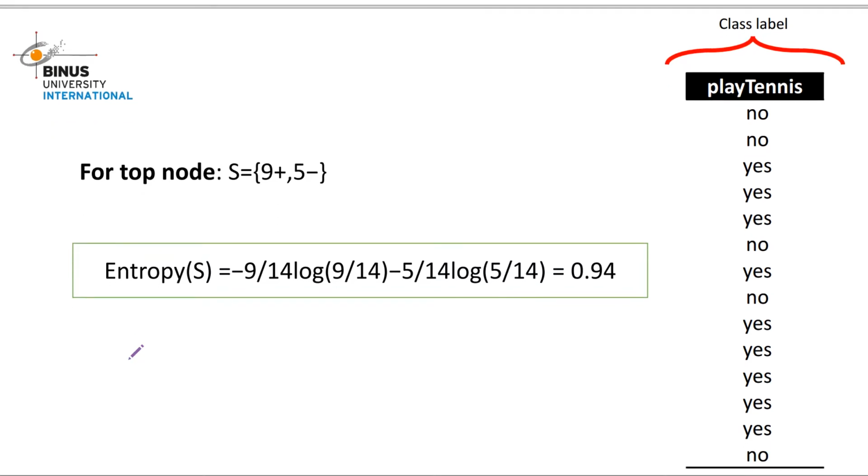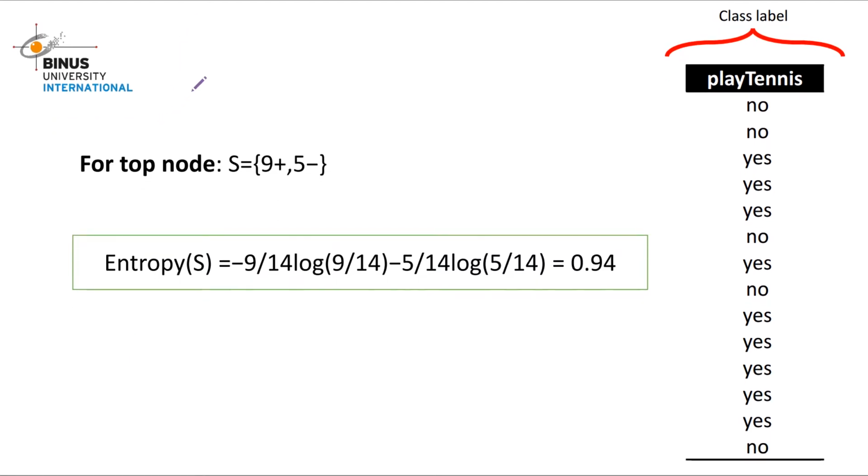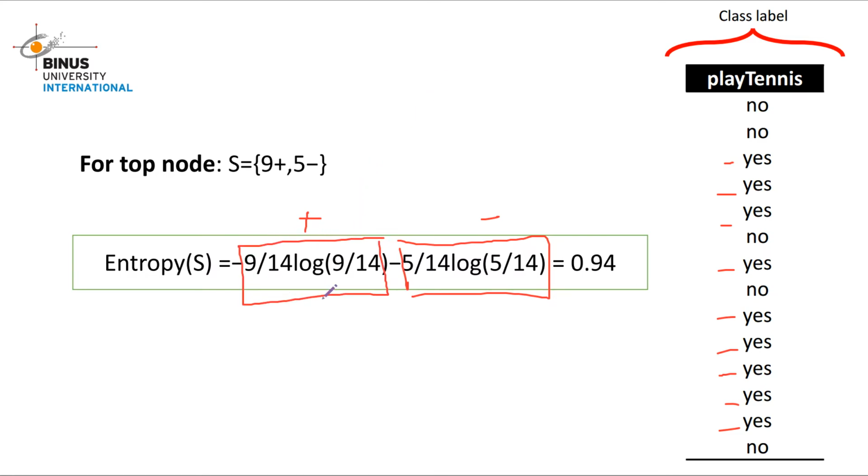Okay. Now we need to calculate. The first step in a decision tree is to calculate the whole entropy. So we have 9 positive data, 1, 2, 3, 4, 5, 6, 7, 8, 9, and 5 negative. So the entropy formula is minus the probability of positive times log, minus the probability of negative times log.